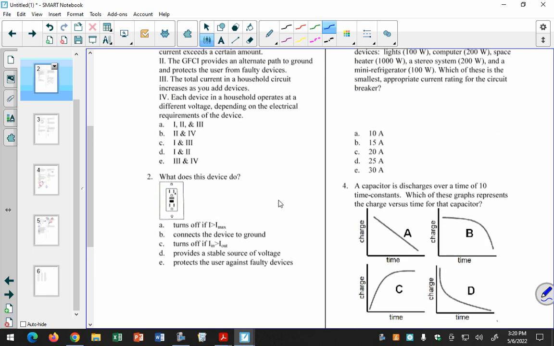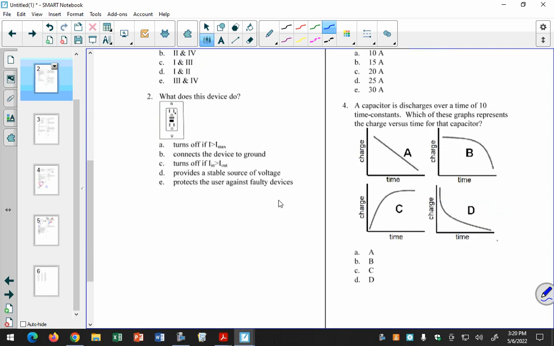Could we go over number 2? Number 2, yeah, so you will need to know all of your home devices. This device is a GFCI. GFCIs protect you from shock conditions, right? So that's why you have GFCIs in your bathroom, in your kitchen, in your outdoors, mostly wet conditions where you're more prone to be electrocuted. This is your grounding.